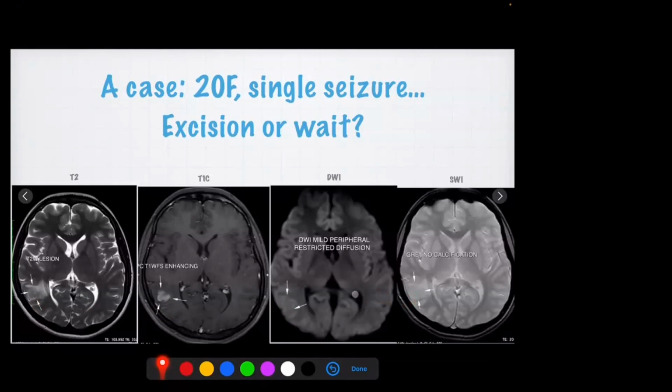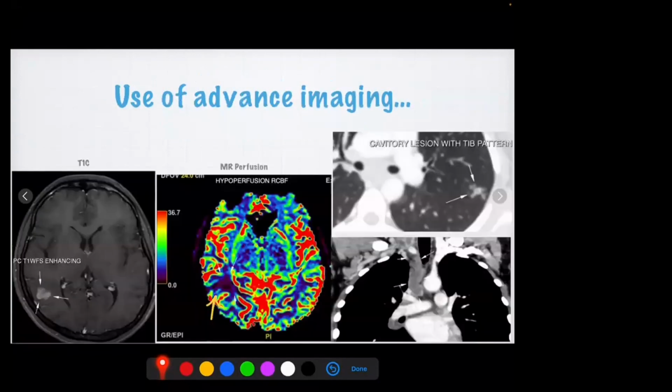So this is a typical case where we are stuck, and this is not a textbook picture suggesting any single cause. In early stage, it can be nodal enhancing, then can become ring enhancing and show other characteristics of the cause. But at least in the early stage, there was not a clear picture. So would we go for a biopsy or wait and give empirical ATT or do something else?